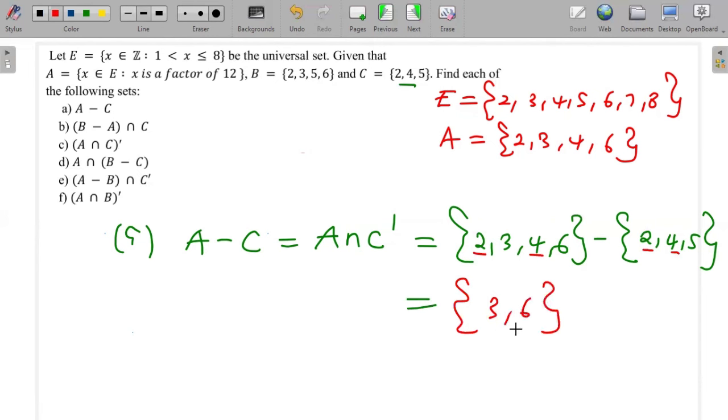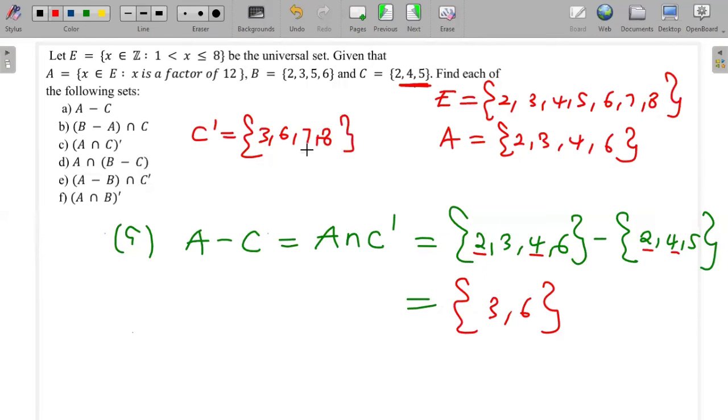But if you wanted, you can go the other way, where you first find the C complement, then you intersect it with A to still give you the same answer. So let's try. C complement simply means all the elements that are not in C, but they're in the universal set. C has 2, 4, 5, so from this universal set, I'm just going to remove 2, 4, 5. So I'm just going to remain with 3, 6, 7, and then 8.